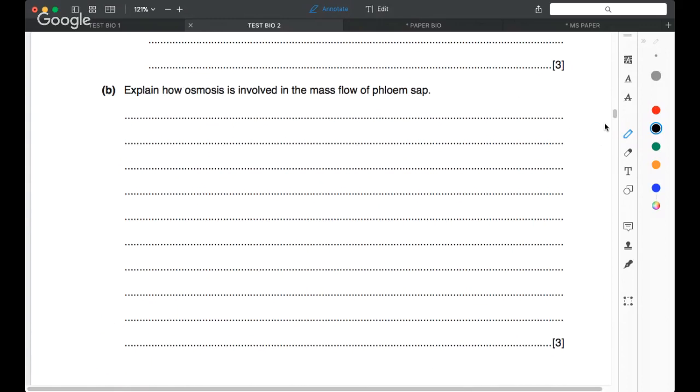Then at the sink, when sucrose leaves the phloem, water flows with the sucrose out of the phloem sieve tube, because the water potential has increased by the sucrose leaving. So water flows through osmosis down the water potential gradient. Good. Thus the hydrostatic pressure decreases and it maintains that difference for mass flow to occur.